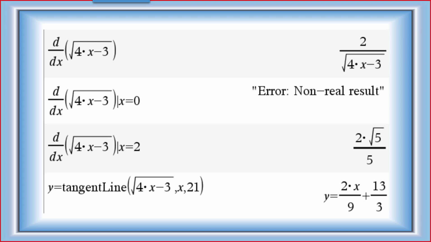And then finally, writing the equation for the tangent line, I enter the expression: 4x minus 3 under the root sign, then a comma and x, and then I'm finding the tangent at 21, and it gives me the expression. At times you may find an answer that looks very different to what the calculator is displaying. One of the things we expect you to do is to compare and see if they are equivalent.